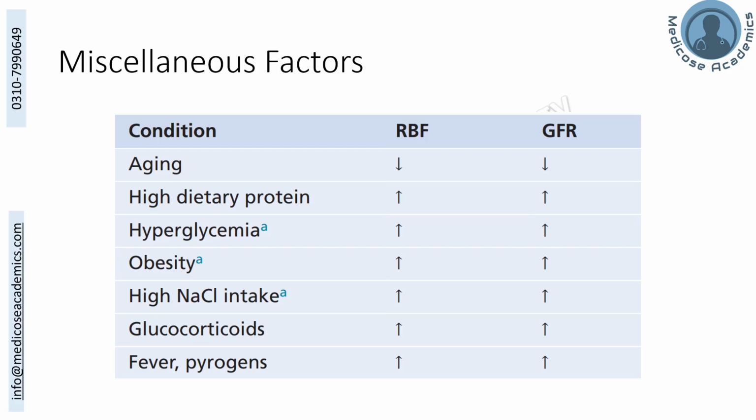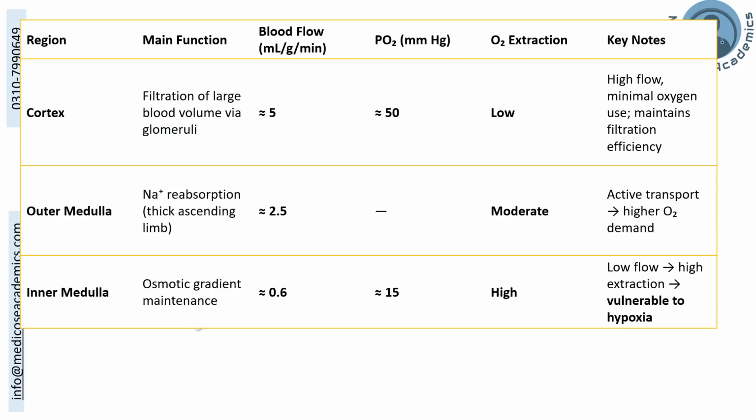And this is a summary of miscellaneous factors which can increase or decrease GFR. I hope you can give it a read by yourself as well. And before I conclude, this is a quick summary of renal blood flow variations in different regions of the cortex and medulla. It is highest in the cortex, lower in outer medulla, and much lower in the inner medulla.